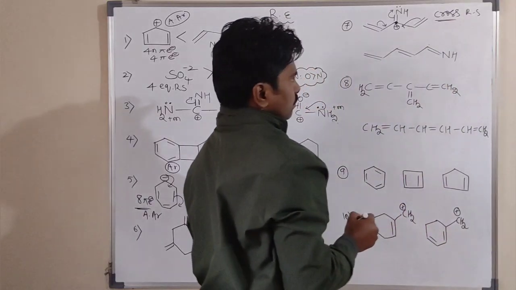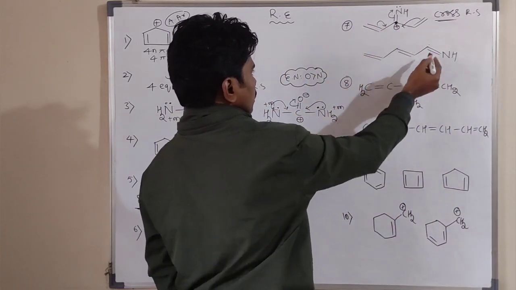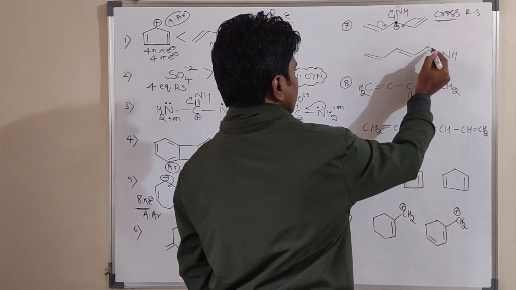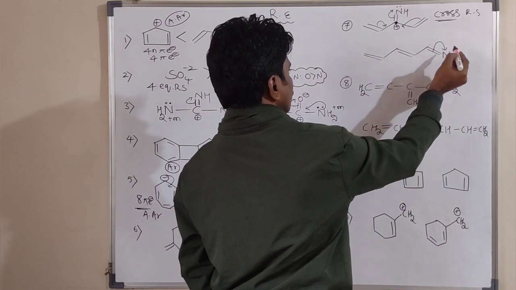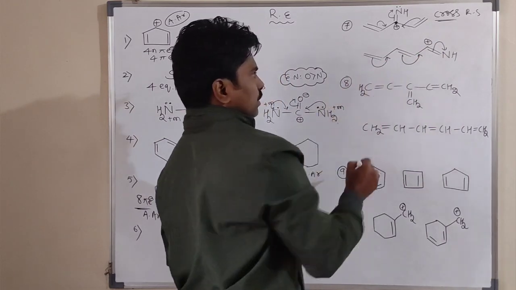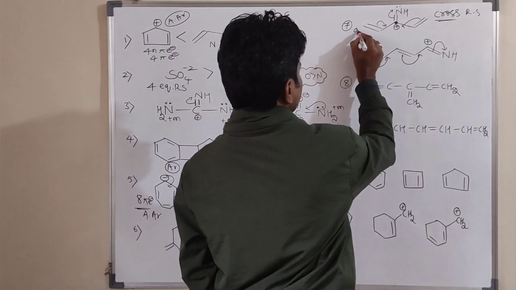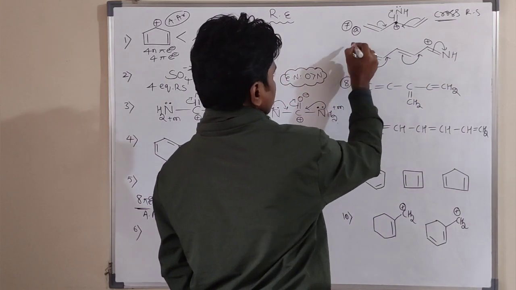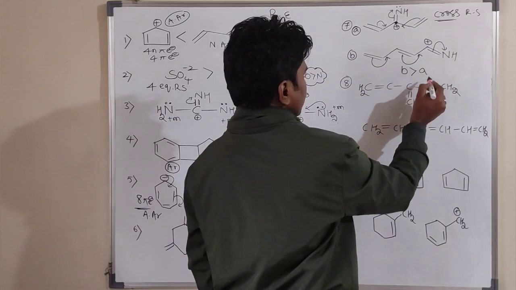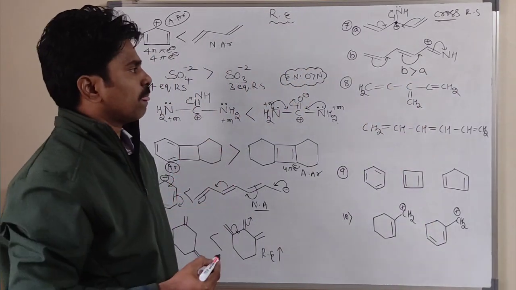In the other question, there are also 3 pi bonds, but here the conjugation is continuous: electrons come to the nitrogen side and carbon becomes positive. This is extended resonance. Comparing the resonance energy of A and B, obviously B is greater than A, due to extended, continuous resonance.